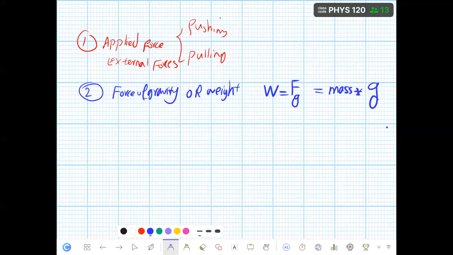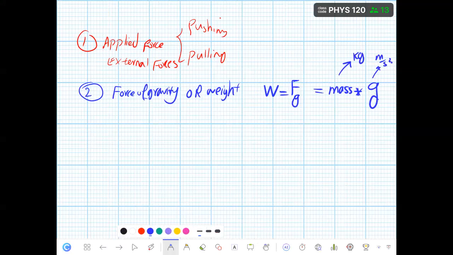In physics, in the standard unit, the mass should be in kilogram. Do not use pound. And what was the unit of the acceleration g? Perfect, meter per second squared. If you have a mass, let's say my mass is 80 kilogram, I multiply 80 by 9.8, and I can calculate the force of gravity, or my weight.